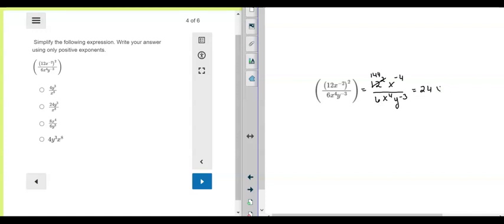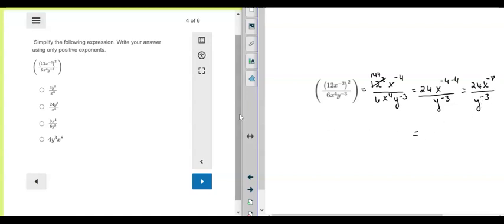And then let's work out the exponents. When they're being divided, we subtract the exponents. I don't have anything for the y, so I'll keep that in the denominator. So I would have 24, negative 4 minus 4, that's x to the negative 8, over y to the negative 3rd.